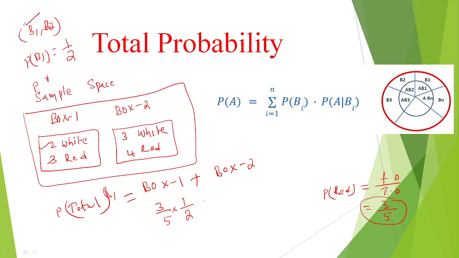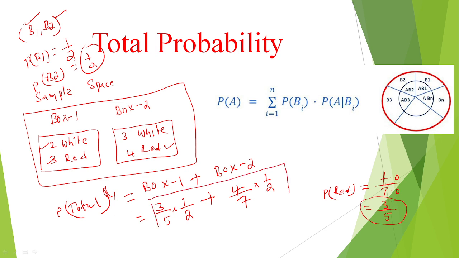Similarly, the probability to select box 2 is one favor out of two outcomes. Plus, the probability to get a red ball from box 2: there are 4 red balls out of 4 plus 3, 7, into box 2 selection 1 by 2. That's it.